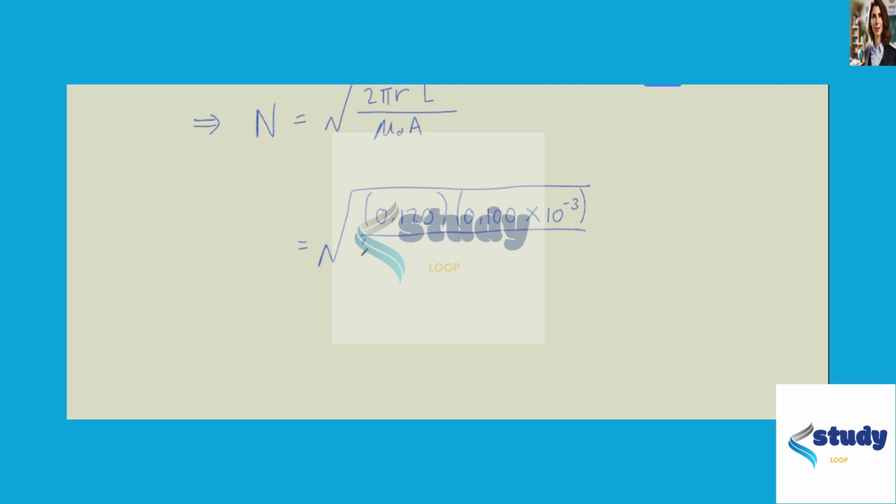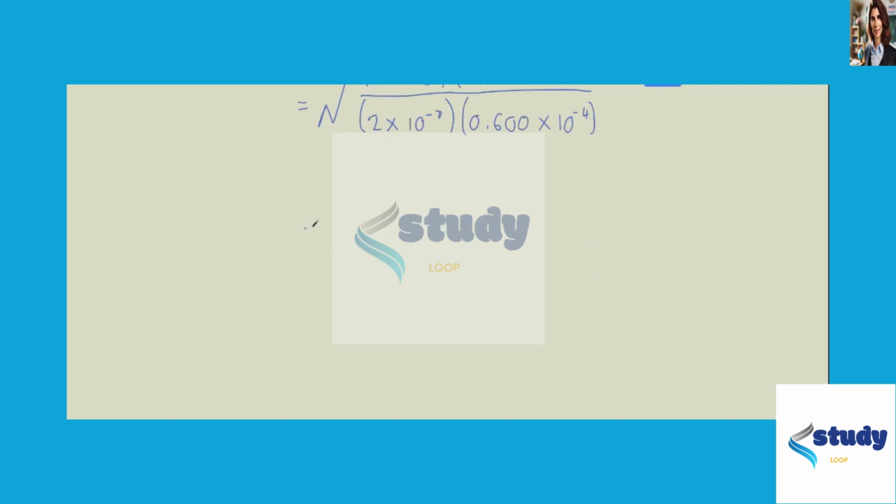Mu naught, the pi's cancel, we're left with 2 times 10 to the minus 7 in SI units. And the cross-sectional area is 0.6 times 10 to the minus 4, and that's meters squared. And hence we get the number of turns in the solenoid to be 1 times 10 to the power 3, and that is 1,000. So there are 1,000 turns in the solenoid.